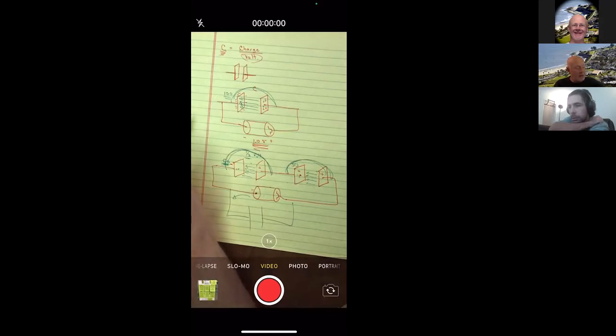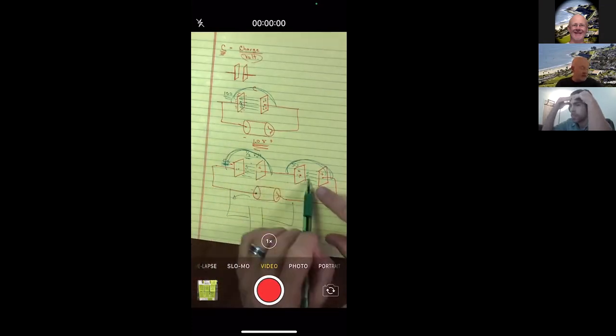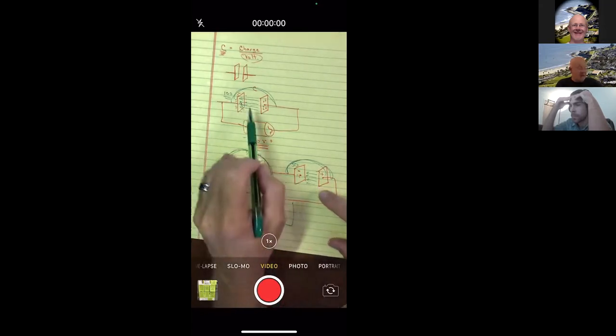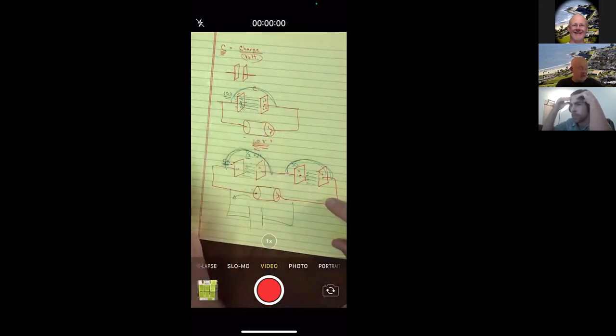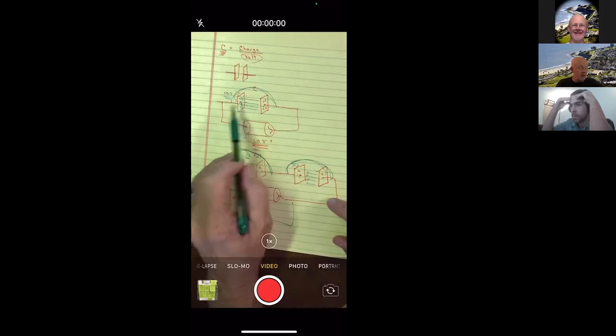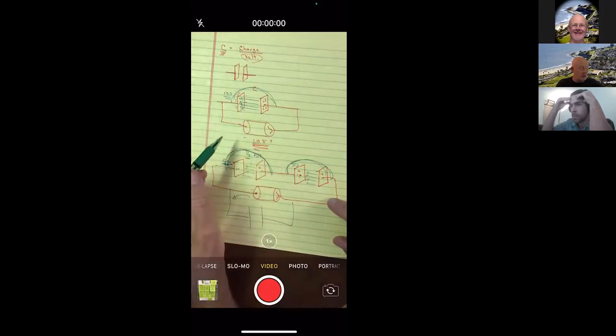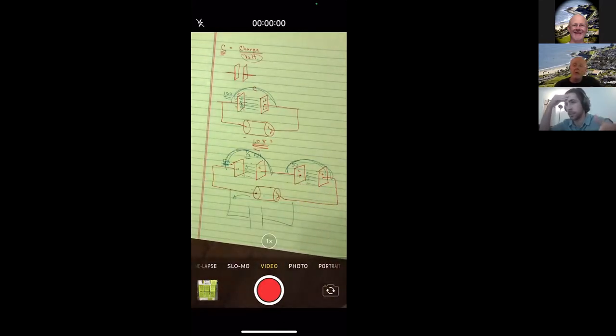But what I am trying to say here is that this is not the same as this. There's still 100 here. Right, so 50 times 1/2 would be 25, and 50 times 1/2 would be 25. So we get 50 whatever out of the bottom, and then 100 out of the top.